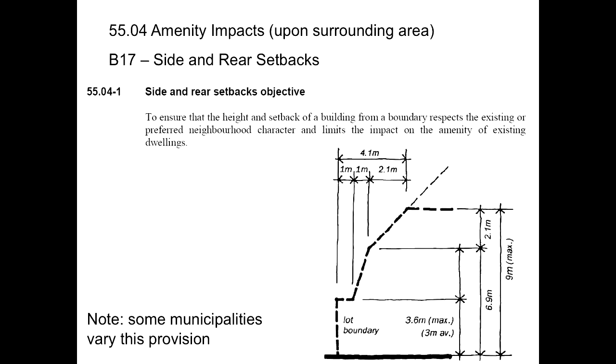So imagine you're in a suburban area, it's got one dwelling on each lot, and then all of a sudden the developer wants to come in and build right to the boundaries like this. Obviously that's going to have a huge impact on the building next door, where that might be their private open space. And all of a sudden they've got 2 or 3 stories right at their back boundary.